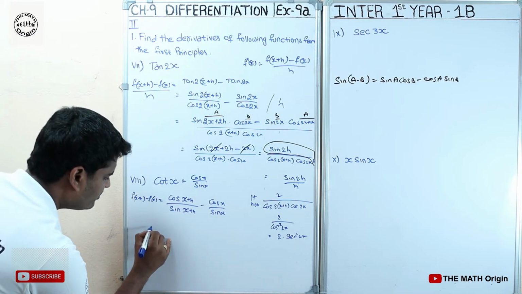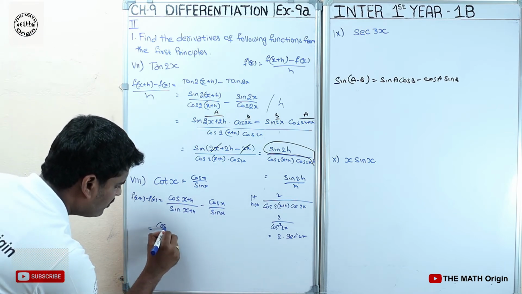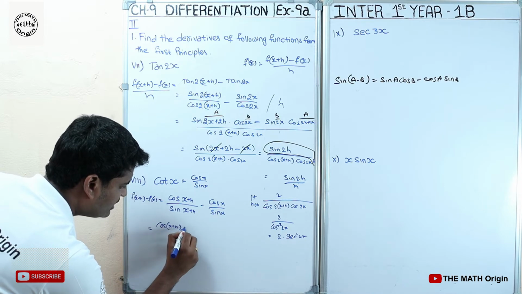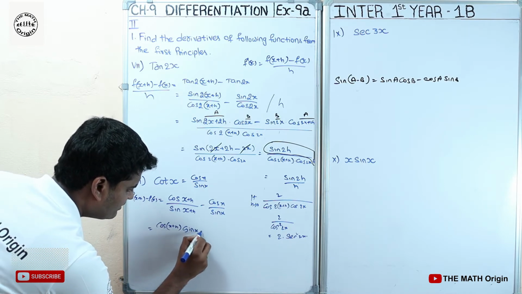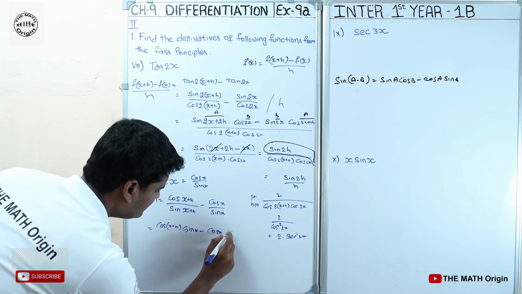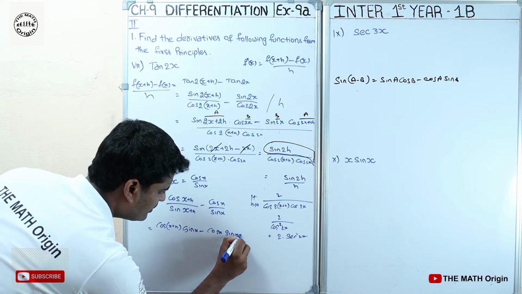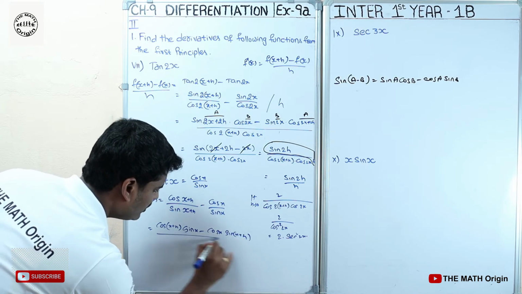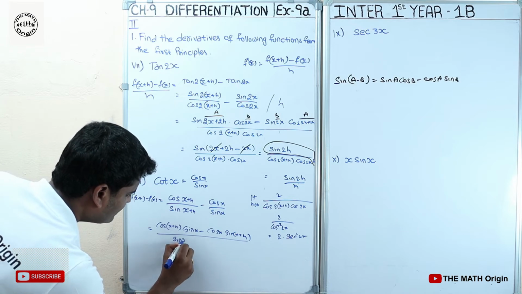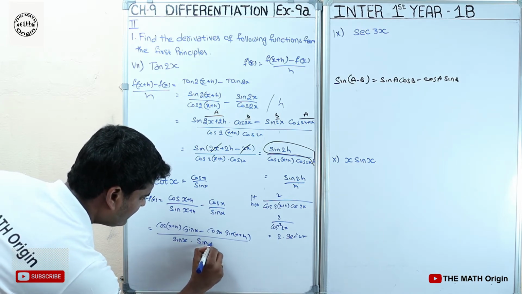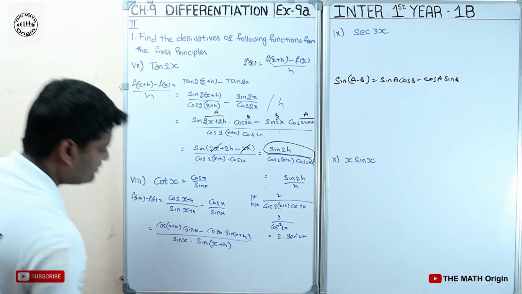Let's do cross multiplication, which is cos of x plus h into sin x minus cos x into sin of x plus h, whole divided by sin x into sin of x plus h.